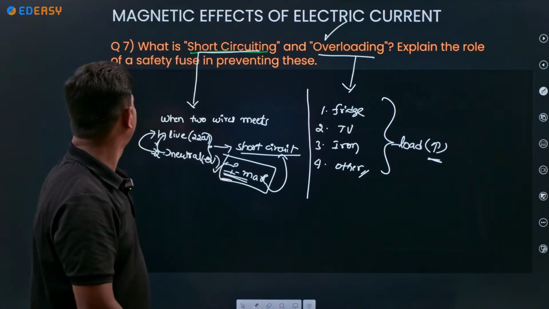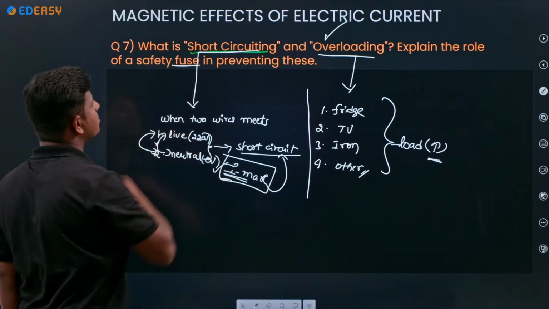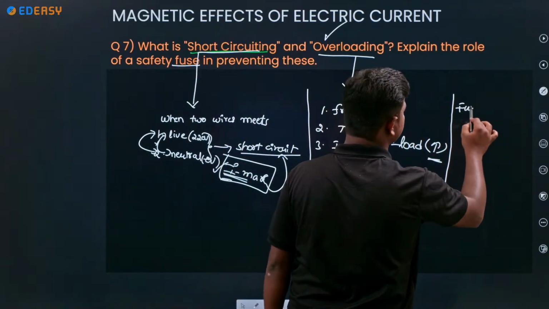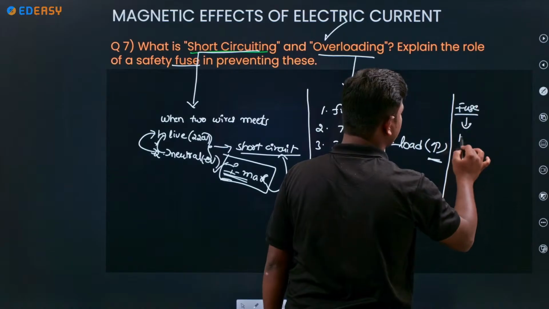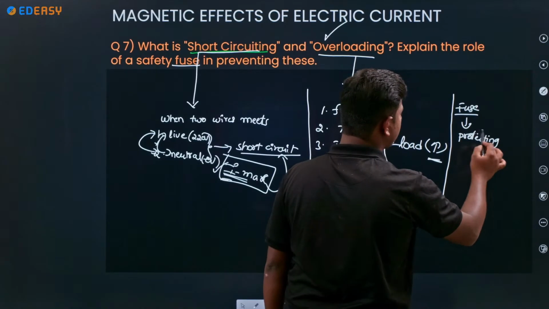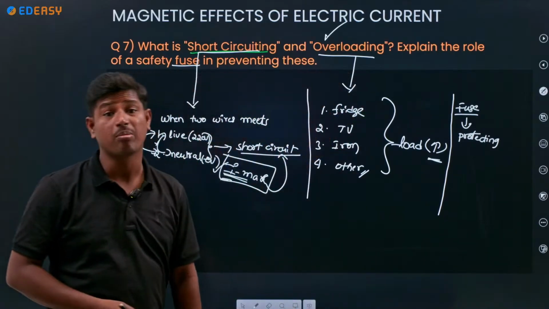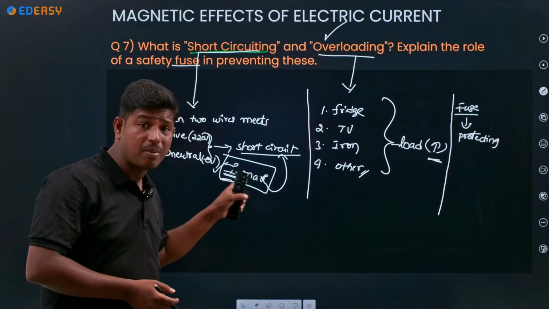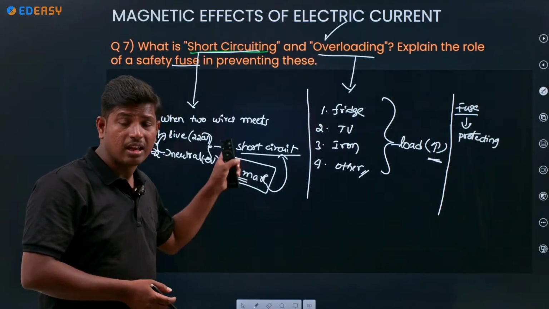Next, safety fuse. What is the purpose of a fuse? Protecting purpose only. If the maximum amount of current passes, the entire thing will collapse.